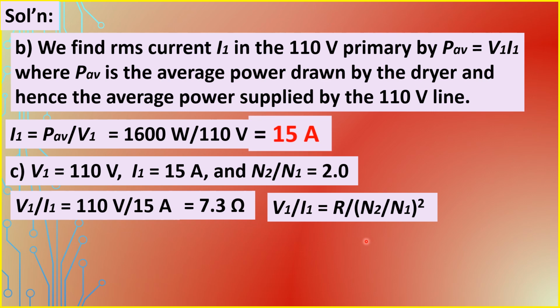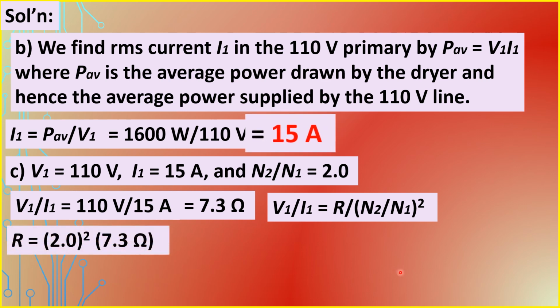From there, we isolate the big R representing the resistance, and substituting the given, we have big R equals 2.0 squared.